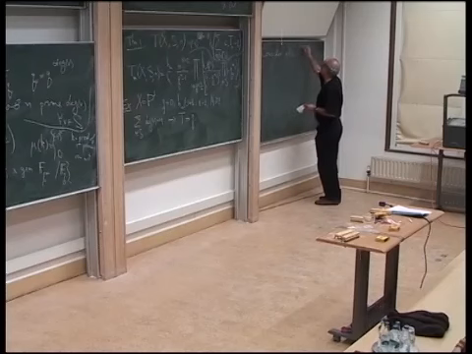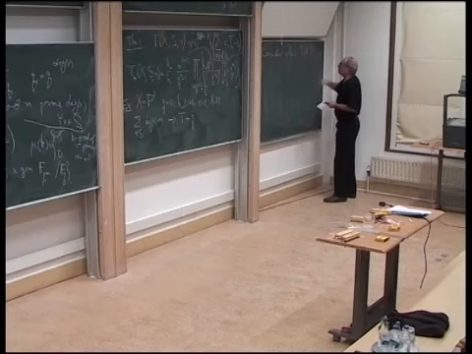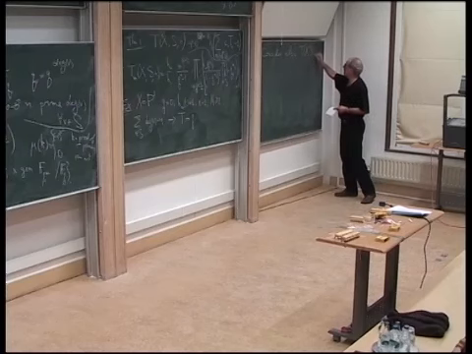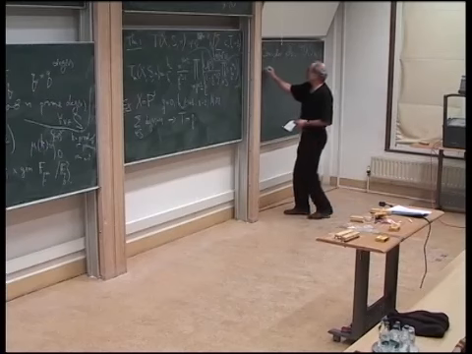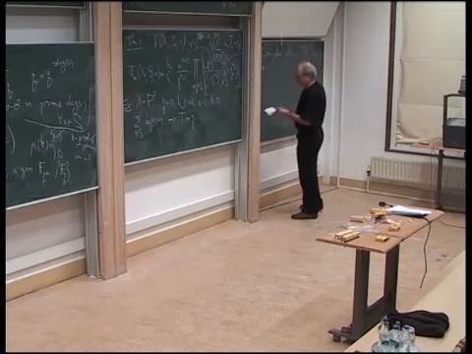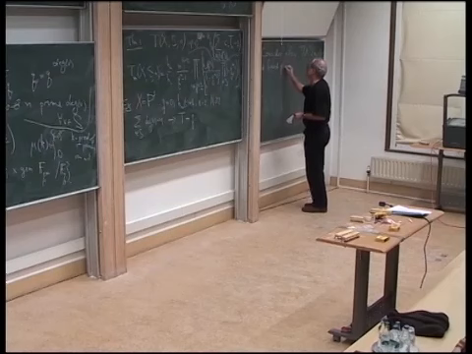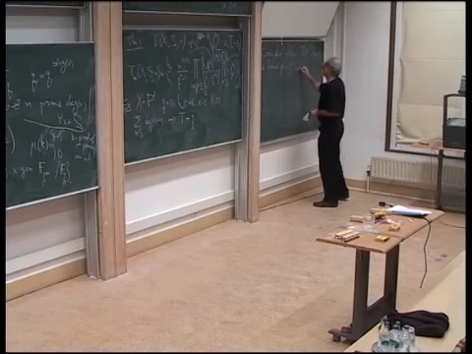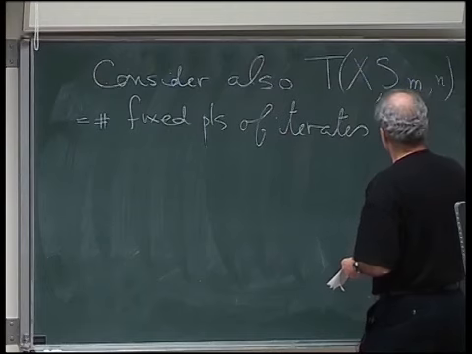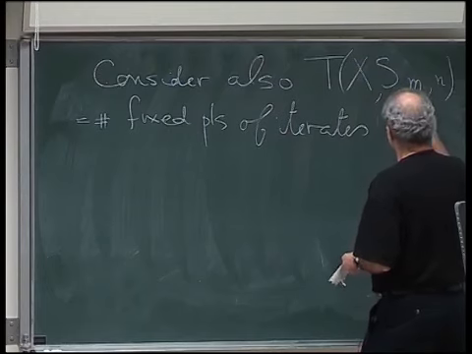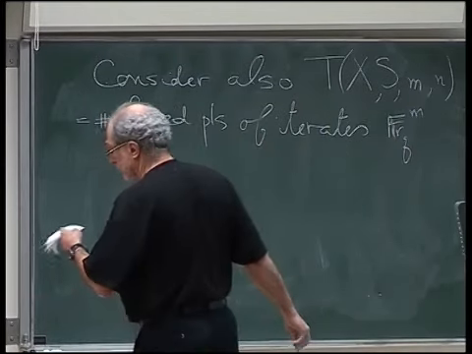Okay, I want to consider also the number, same as before, except that there'll be one more parameter. I want to consider the number of the fixed points of the iterates. So Frobenius to the power m, these powers of the Frobenius.